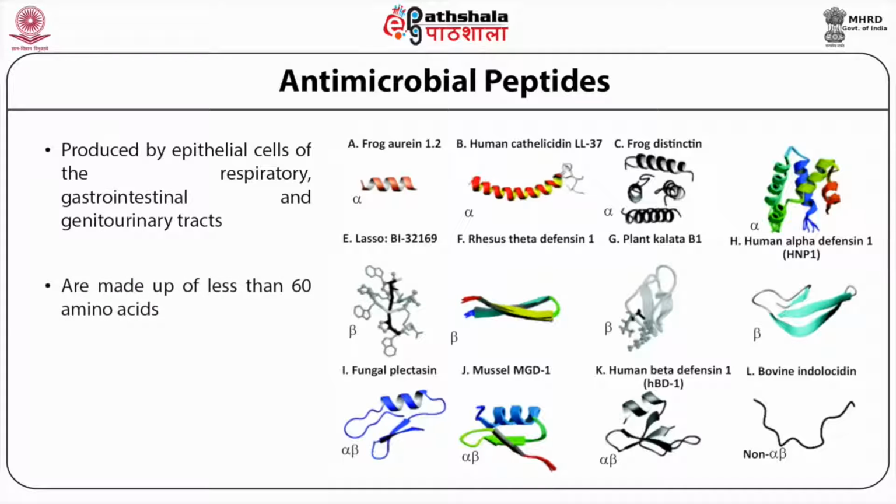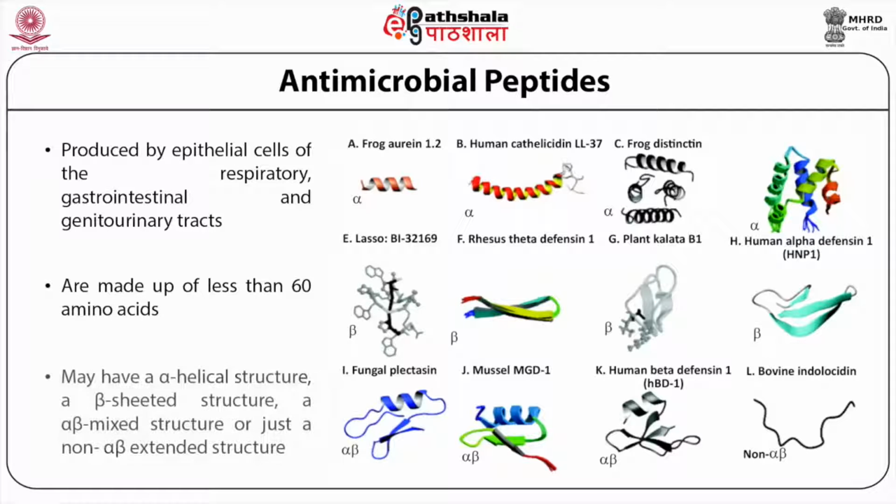These peptides are not of very large length. They are generally made up of less than 60 amino acids. As far as their secondary structure is concerned, they may have an alpha helical structure, a beta sheet structure, an alpha beta mixed structure, or just a non alpha beta but extended structure.